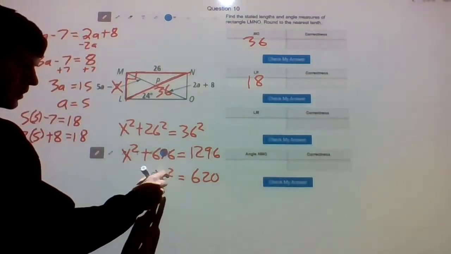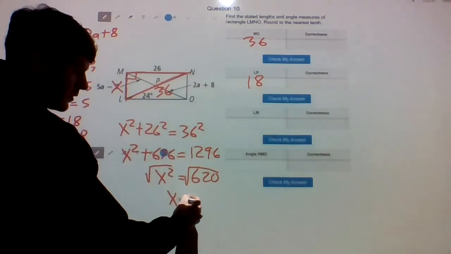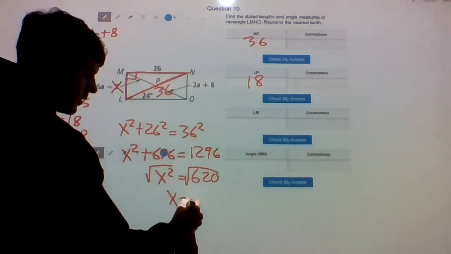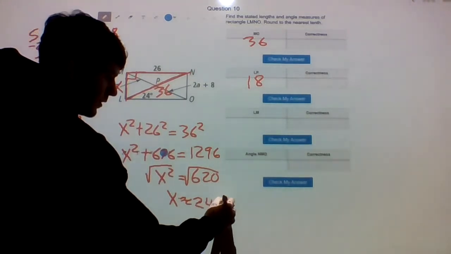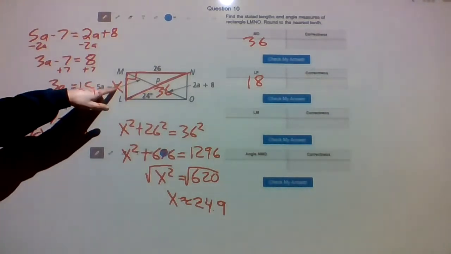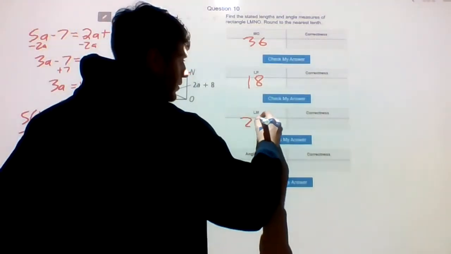The inverse of a square is a square root, so take the square root of both sides. So x is going to be approximately 24.9. So 24.9 squared plus 26 squared equals 36 squared.